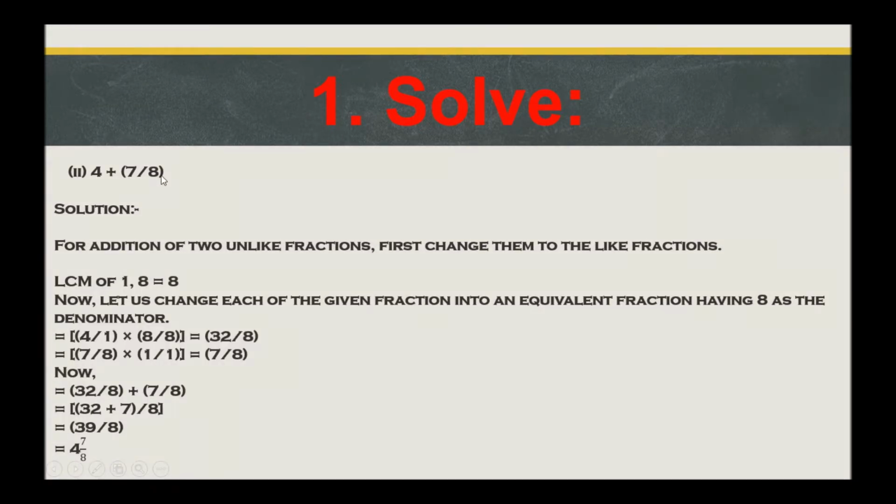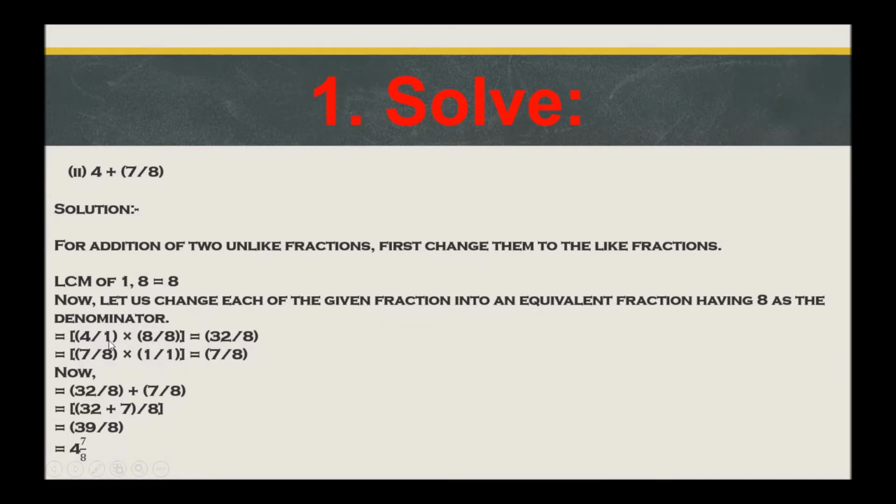Second, 4 plus 7 upon 8. For addition of two unlike fractions, first change them to like fractions. So we will find the LCM of 1 and 8, that is 8. Now let us change each of the given fractions into an equivalent fraction having 8 as the denominator. So for changing the denominator, we will multiply 4 with 8, numerator and denominator.